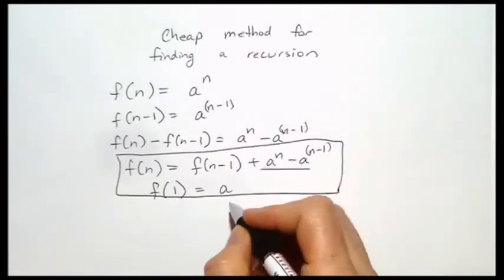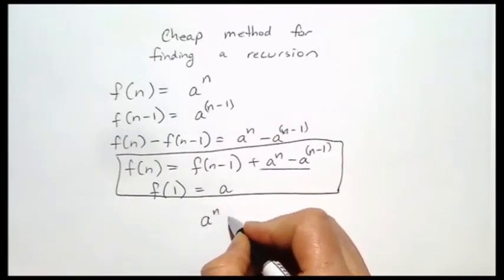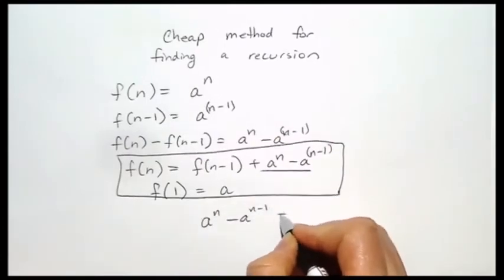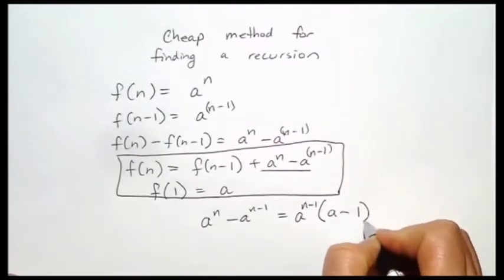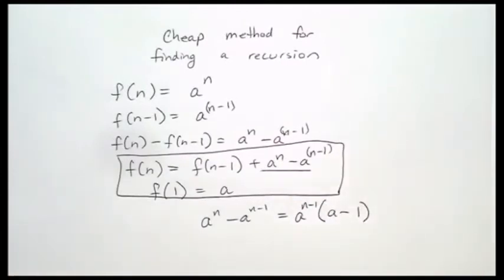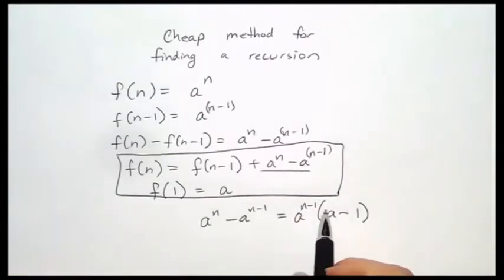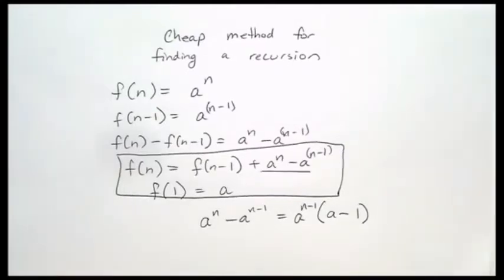We can make a simpler calculation by figuring out what this is: a to the n minus a to the n minus 1. I could factor an a to the n minus 1 out of it, and I get a minus 1. So that's one less exponent that I have to calculate. And if I happen to have a table of a to the n minus 1 that's already been calculated, I could use that. So this wasn't a great example for saving some calculation by doing this.